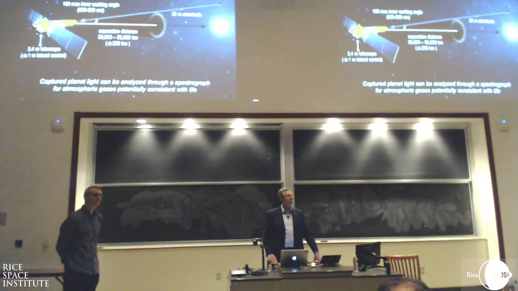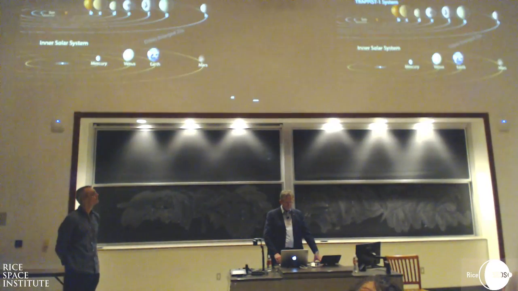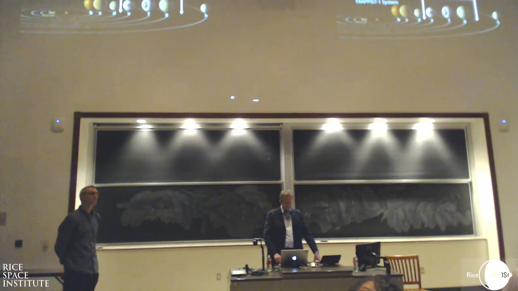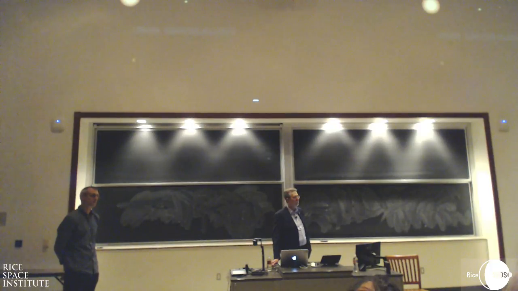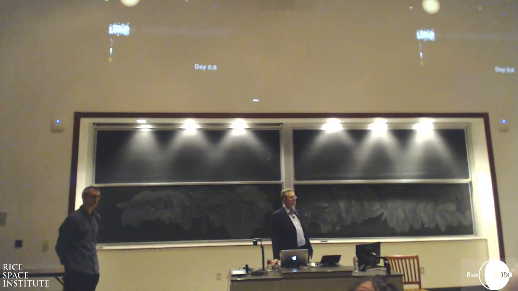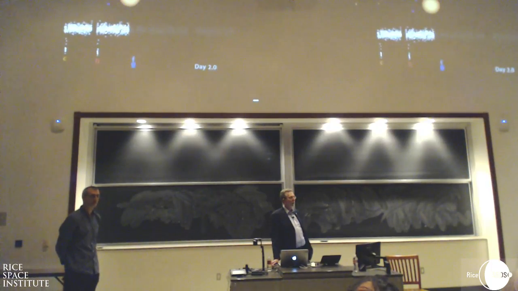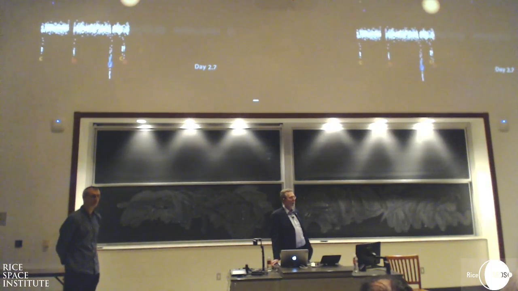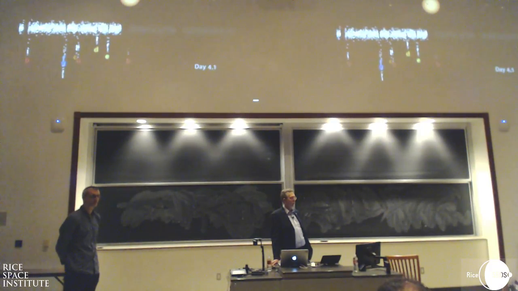Looking at TRAPPIST and the occultation of that star by those multiple planets, and looking at the dip in the light intensity of the star as the transit occurs, that gives you certain assumptions about the size and mass of the planet that we see for TRAPPIST.